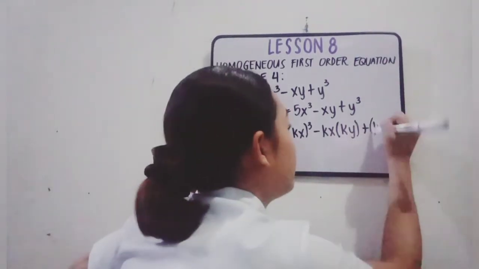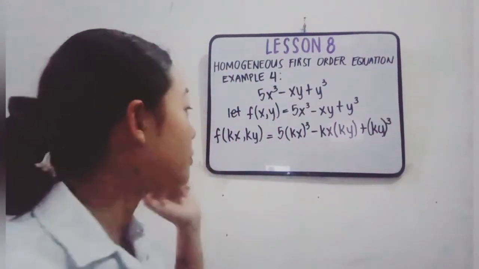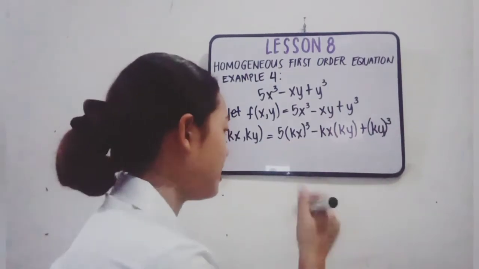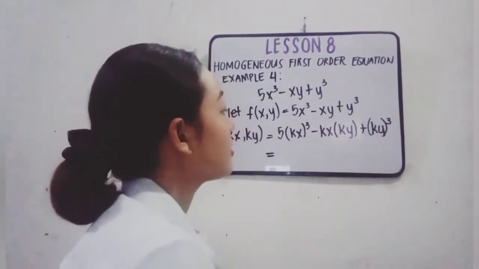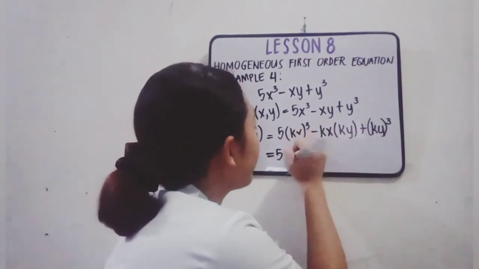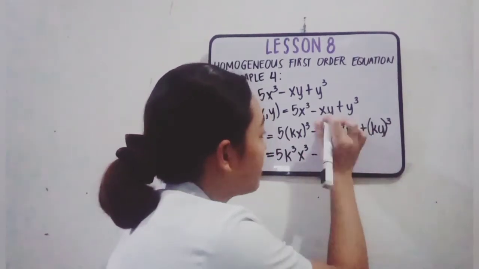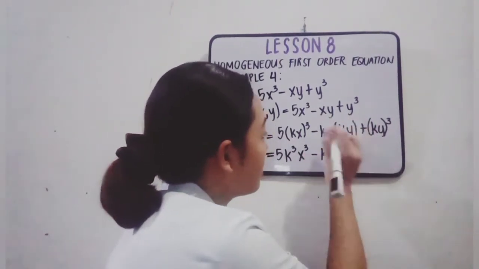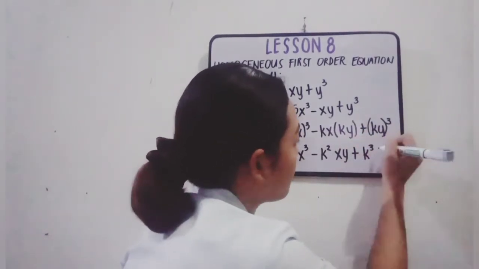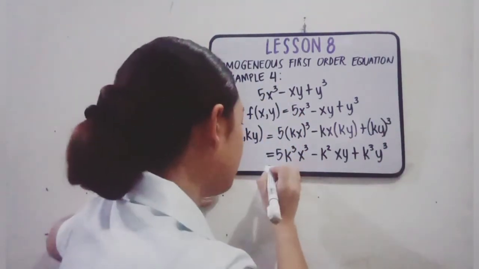Alright, let us put this in parentheses. Since we substituted kx for x and ky for y, the next step is we need to distribute the cube or simplify it. 5k cube x cube minus k squared, combining xy, plus k cube y cube. So, this is now what we got.